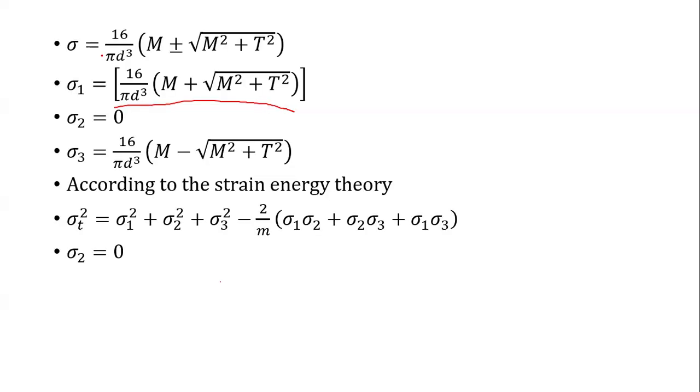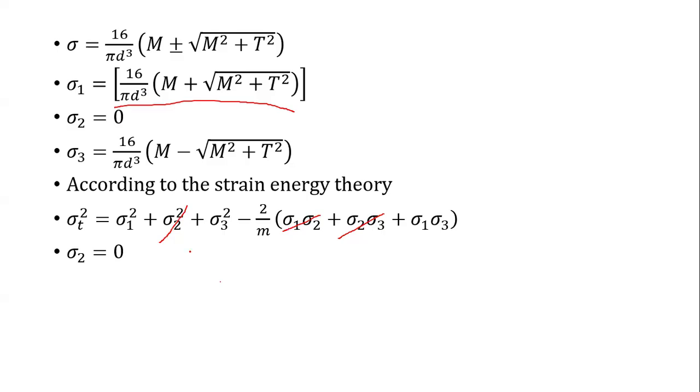So here we are. Stress 1 plus stress 3. Because we've already established that stress number 2 is 0, then right from the start, we eliminate this. Where the stress 2, we've eliminated, and it's 0, so even this, all that goes away.